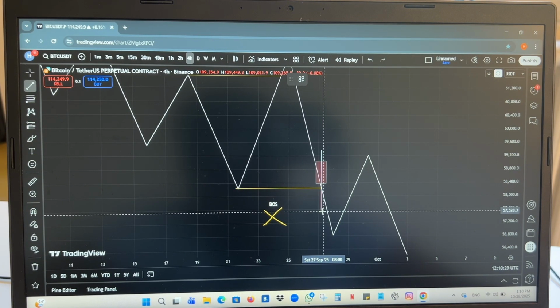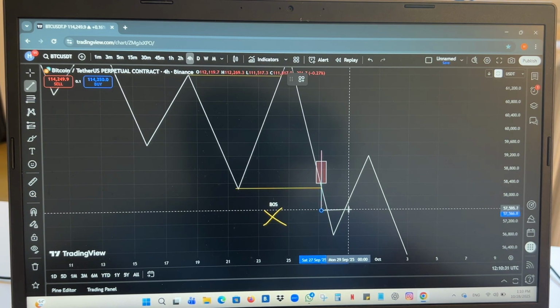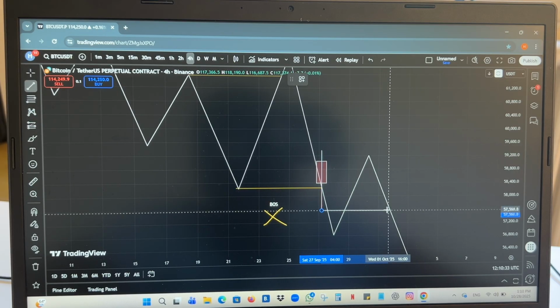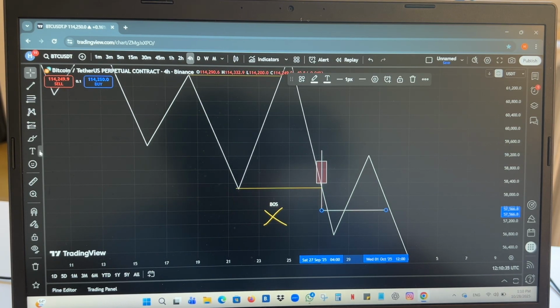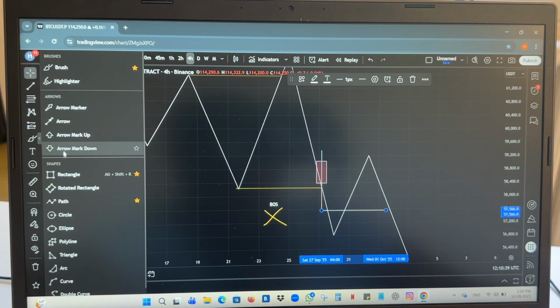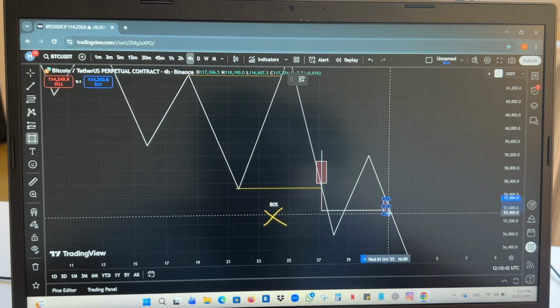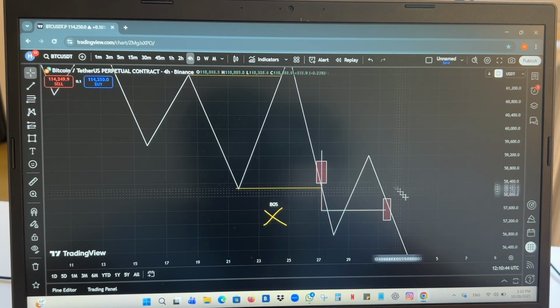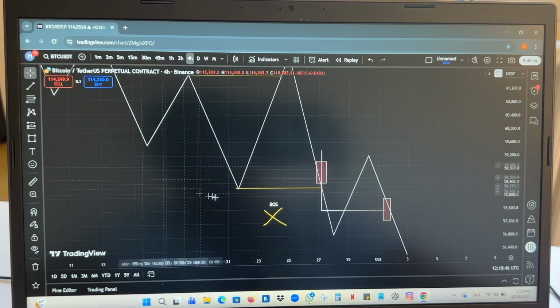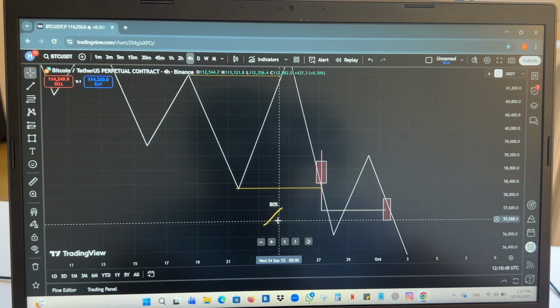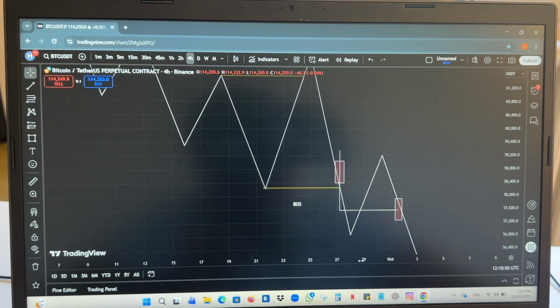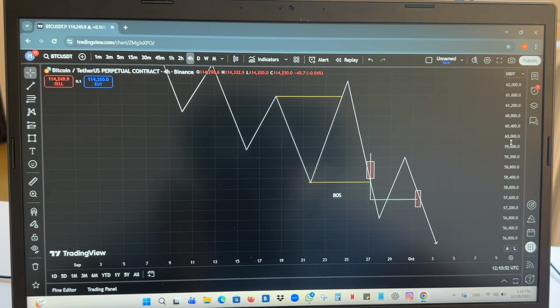Go to this wick, not the body, and draw a line. Keep on drawing lines until you find a body. Let's say it touches a body somewhere over here, then you're safe. You can call this a BOS, and then wait and see how to get in on an entry.